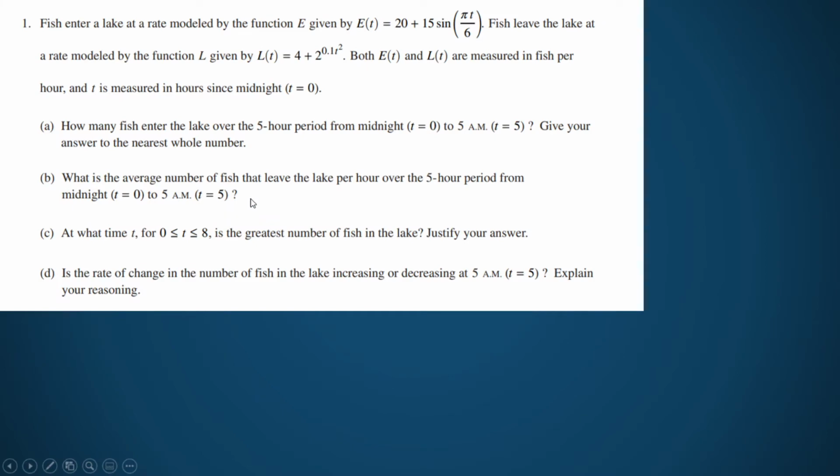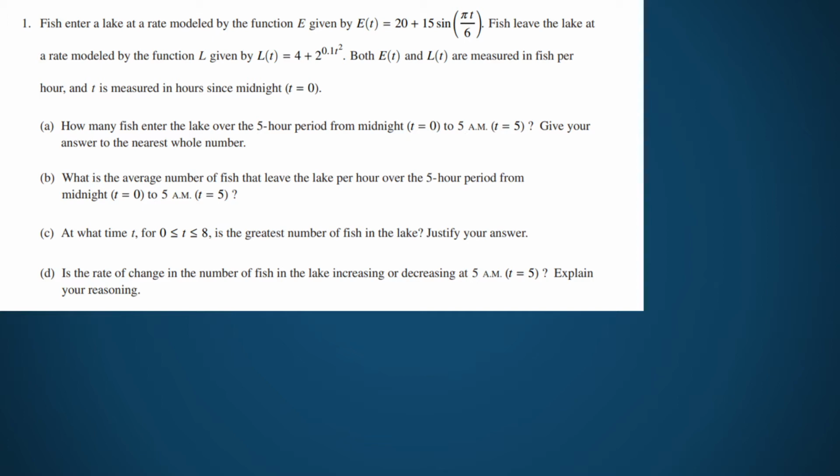So objectives are the same as last time. We're interpreting derivatives and integrals. We've got fish entering a lake at rate E(t), and they're leaving at L(t) equals 4 plus 2 raised to the 0.01 t squared. Both are measured in fish per hour, and t is measured in hours since midnight.